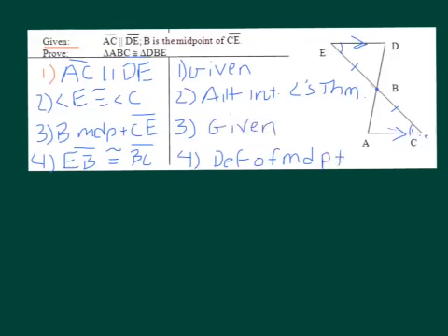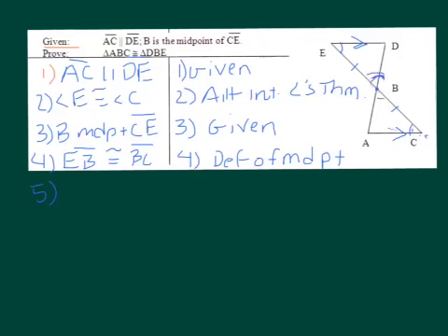Perfect. Okay. Number 5, I am done with my given, so now what I have to do is go look at the figure itself and see if I can draw any more information from what the picture tells me. Now, since segment DA and EC are intersecting segments, I can conclude that I have a pair of vertical angles right here.